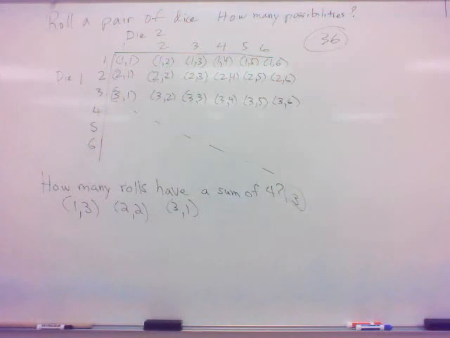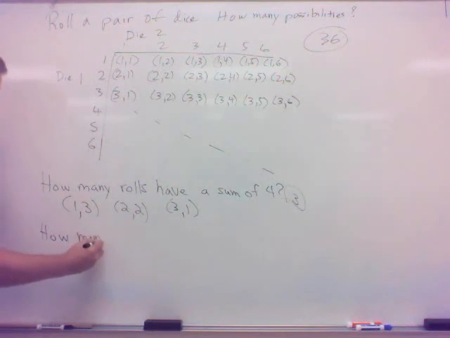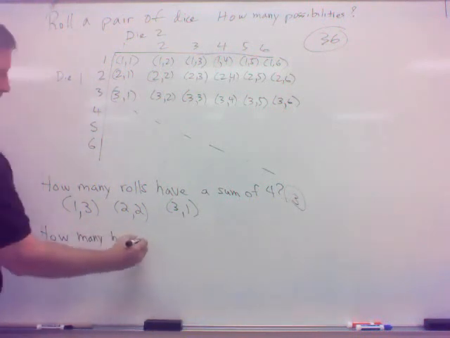So be sure to include everything on that list there, like you do on the coins. Flip them around if it changes it. All right. So how many are there that have a sum of 9?